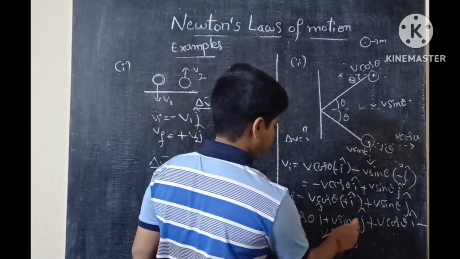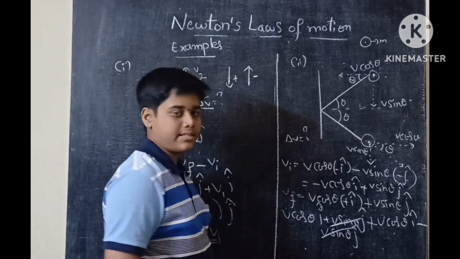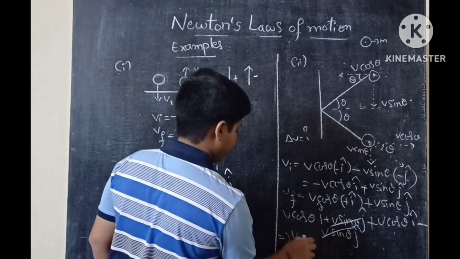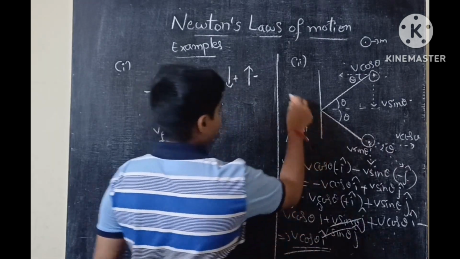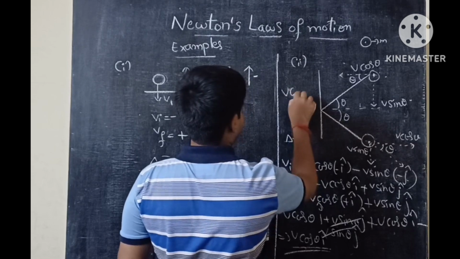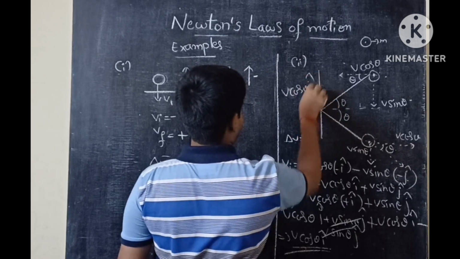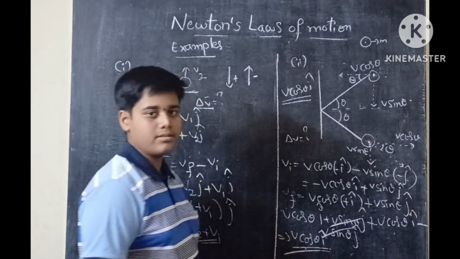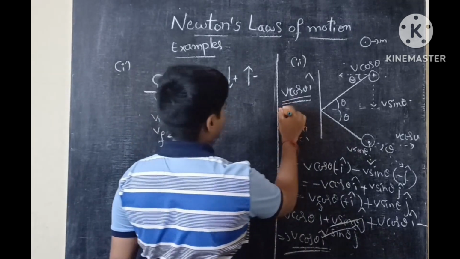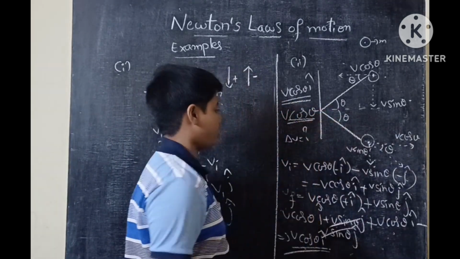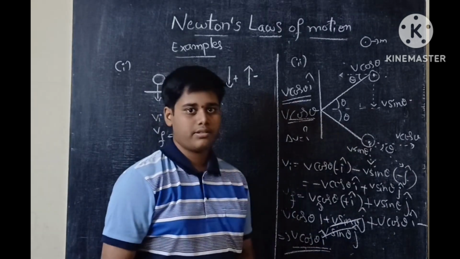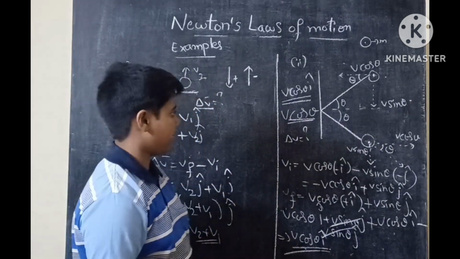The V sin theta j cap gets cancelled, so the remaining is V cos theta I cap. This is the answer. V cos theta I cap is the change in velocity. If we find the magnitude, V cos theta is the change in velocity. So these are the first two examples.